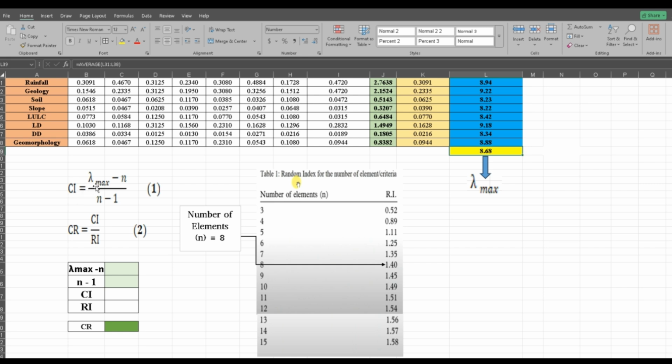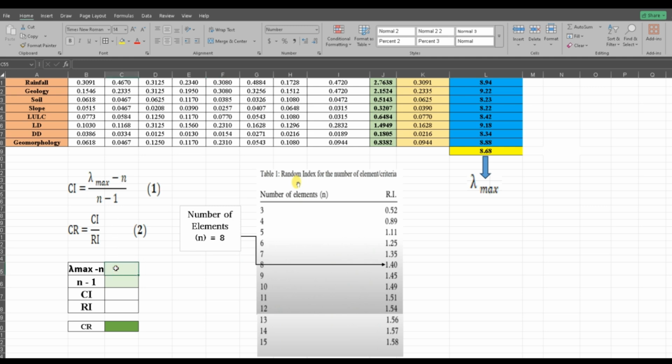Now, consistency index is equal to lambda max minus n over n minus 1, where lambda max is calculated from this table and n is the number of elements, factors, or criteria. For our case, the number of criteria is equal to 8. Therefore, n is equal to 8.